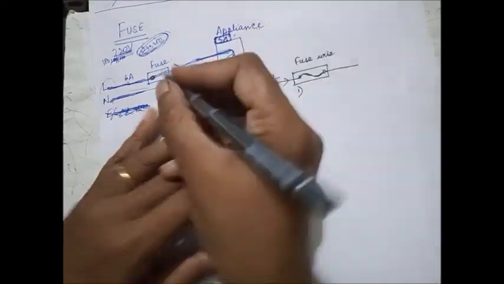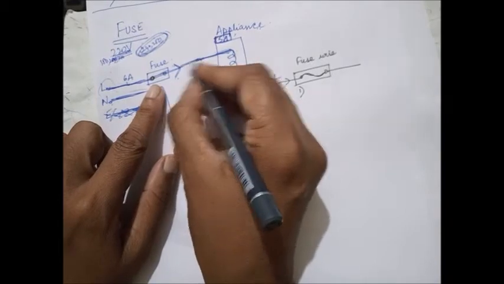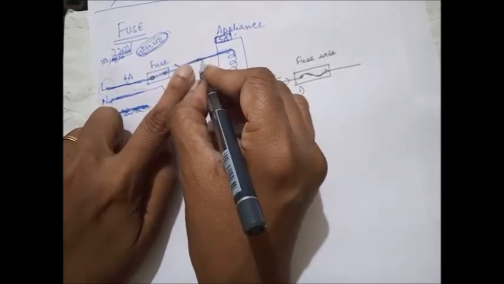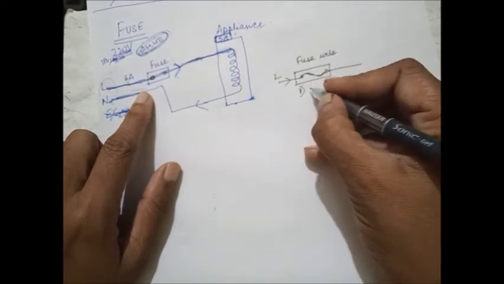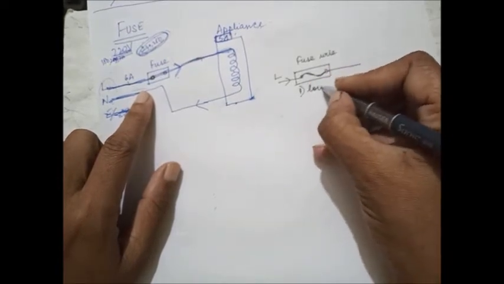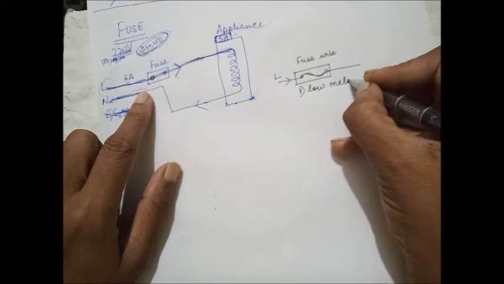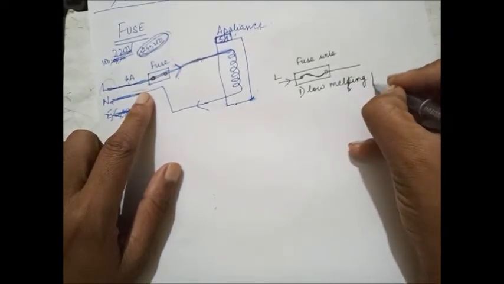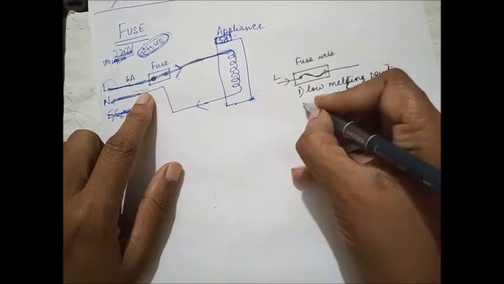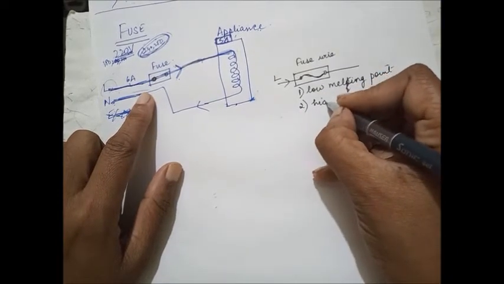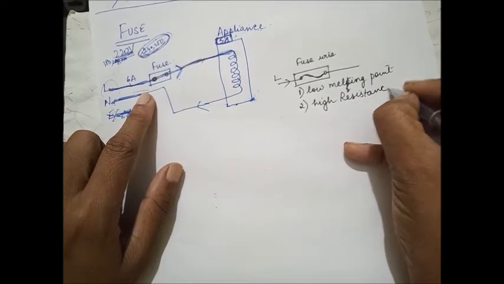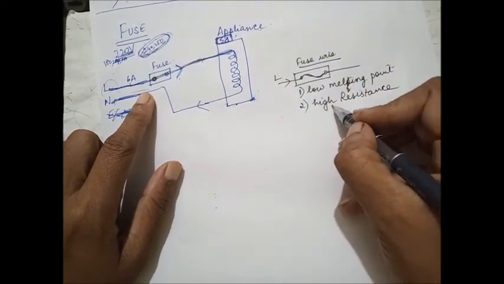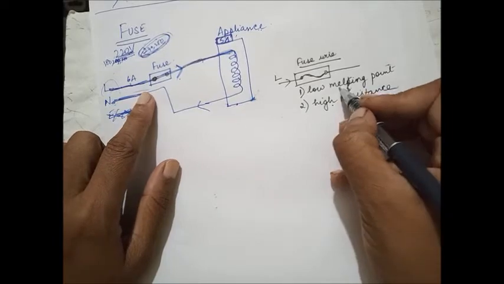This wire is not copper, which is a conductor, but a special wire which has a low melting point compared to copper or aluminium. High resistance, low melting point: when you think of fuse wire, you should remember these characteristics.